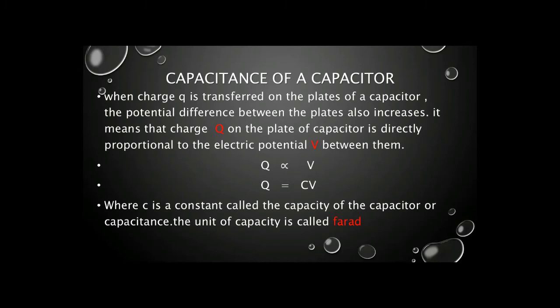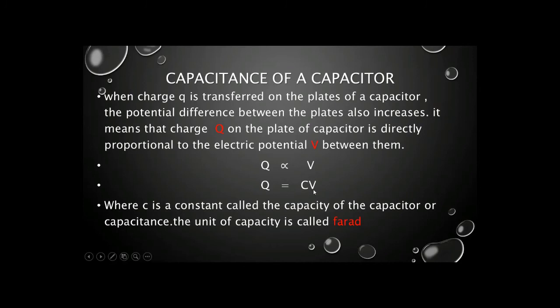And now, what about the unit of the capacity of a capacitor? When we consider the unit of a capacity, we have to again look at the formula. That formula is Q equals C times V. And we are finding the unit of the capacity of a capacitor, meaning C. So to find the unit of C, we replace the quantities Q and V by their units.